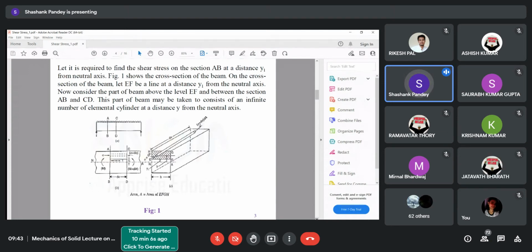This part of the beam may be taken to consist of an infinite number of cylinders at distance y from the neutral axis. So there may be infinite number of contours, for example this cylinder between sections AB and CD, and we are considering the portion above EF.